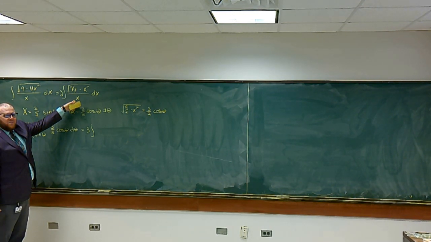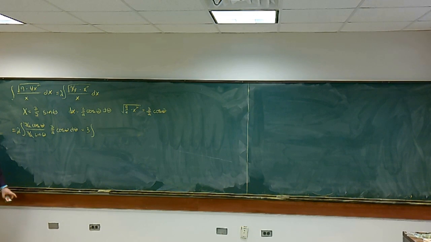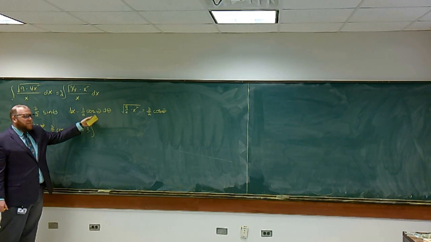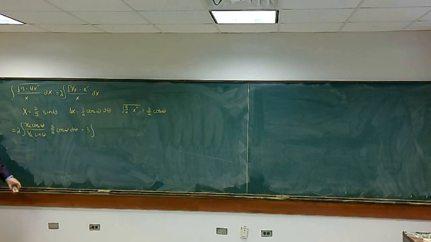Right, so the square root of 9/4 minus x squared becomes 3/2 cosine. So just replace it. The x's become this, and the dx becomes this. Oh, I see. So it's just plugging these in to the original integrand. And then simplify from there.